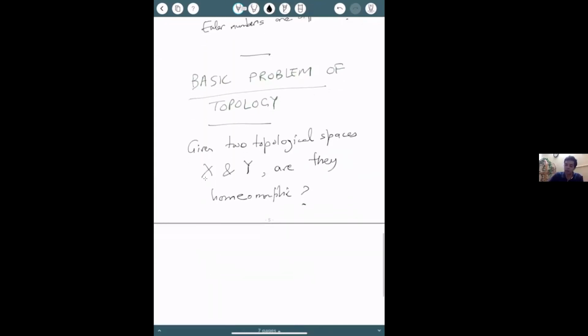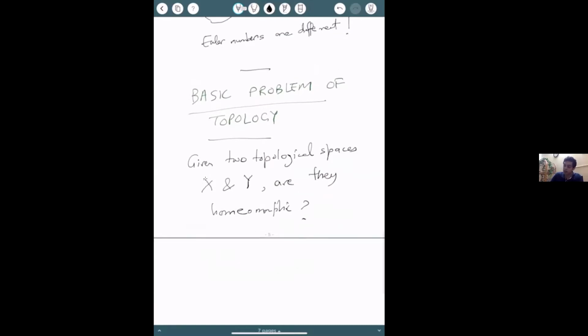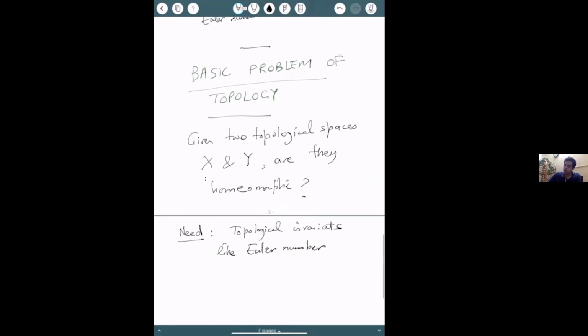Things like Euler numbers are interesting because they are topological invariants. One strategy this field has developed is to come up with various topological invariants, like the Euler number, which don't change under homeomorphisms.